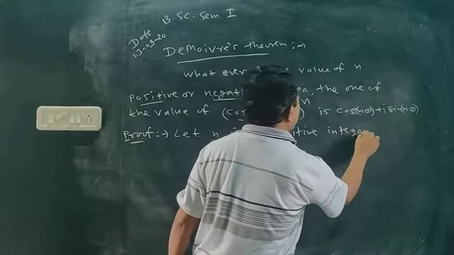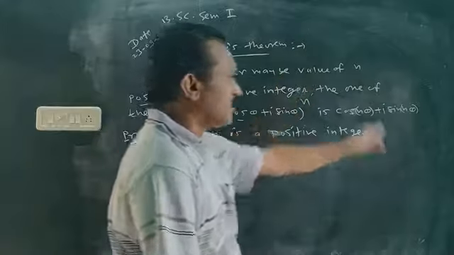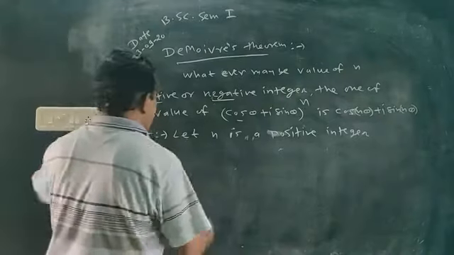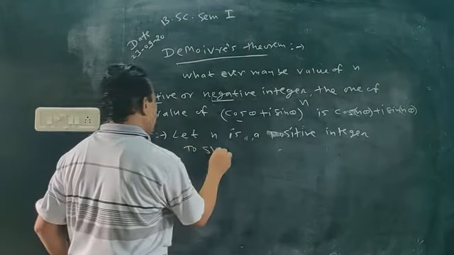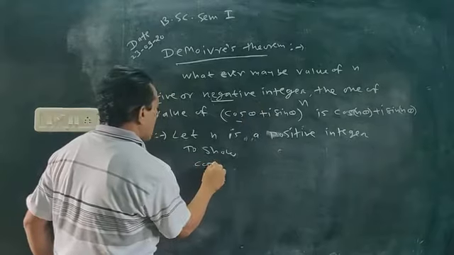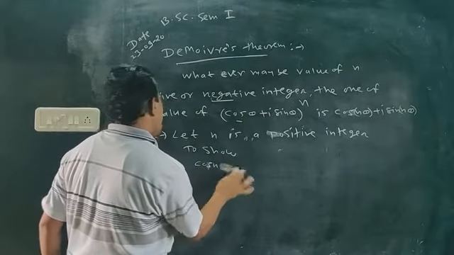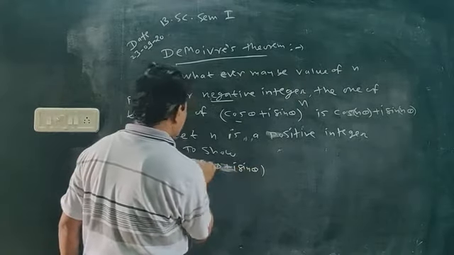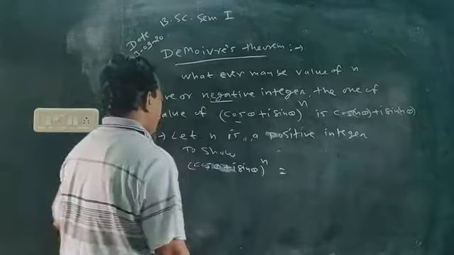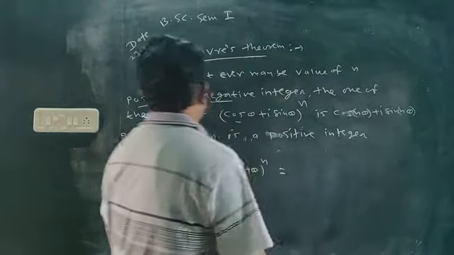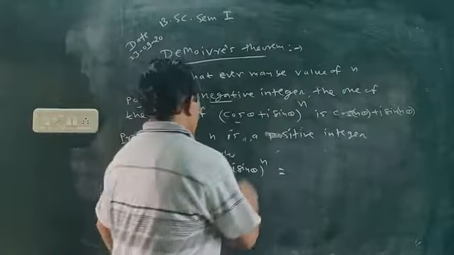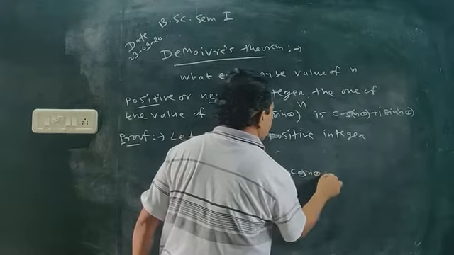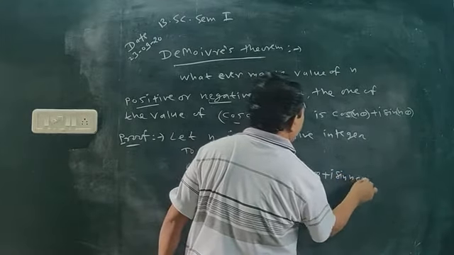Then we have to show that cos theta plus i sin theta raised to power n equals cos of n theta plus i sin n theta.